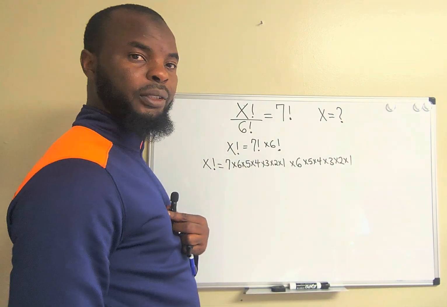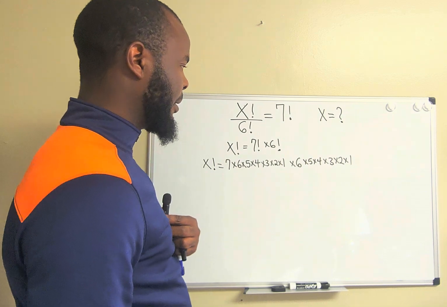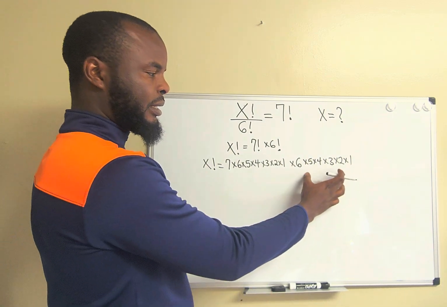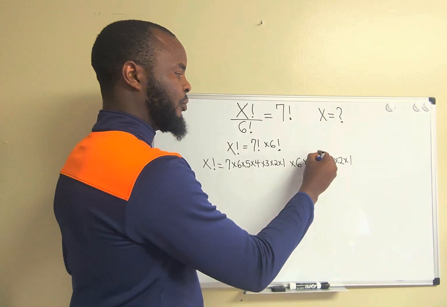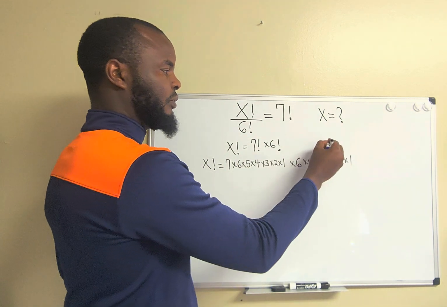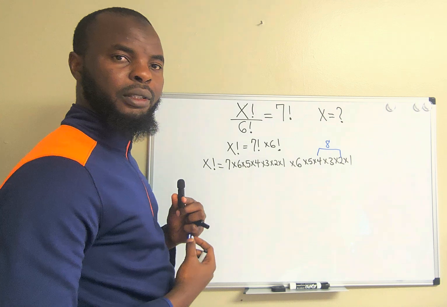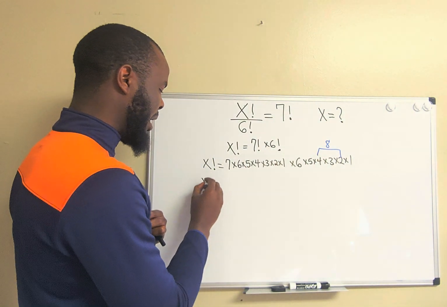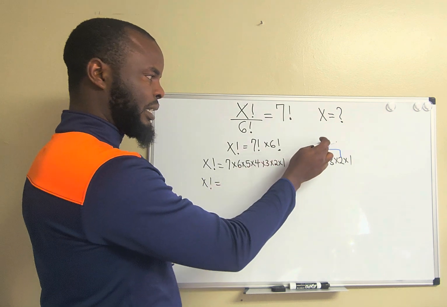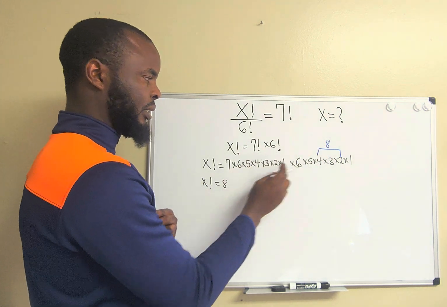This is very interesting. Now, from here, I'm going to rewrite this by multiplying out my 4 and 2 to give me 8. So this 8 is going to come over here.